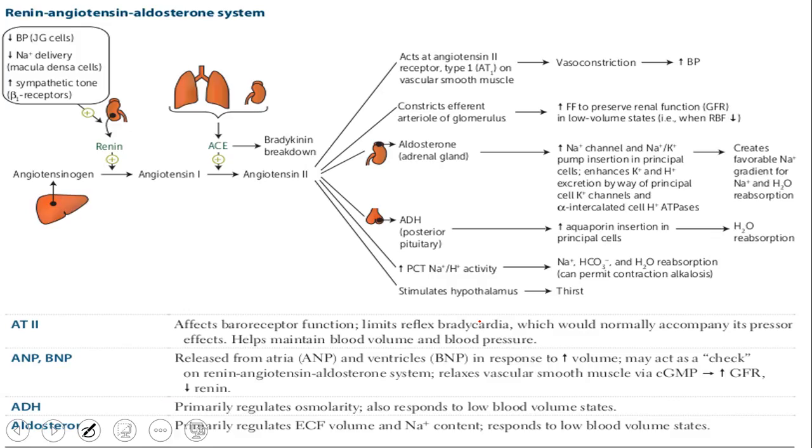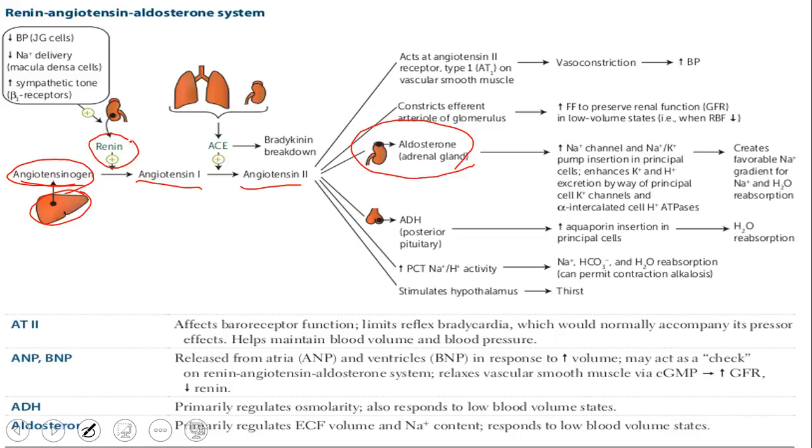So this is kind of a breakdown of some of the other effects. The main one I wanted to focus on, though, was aldosterone. Just understanding this angiotensinogen, angiotensin 1, angiotensin 2 thing here. So basically, your liver makes something called angiotensinogen.